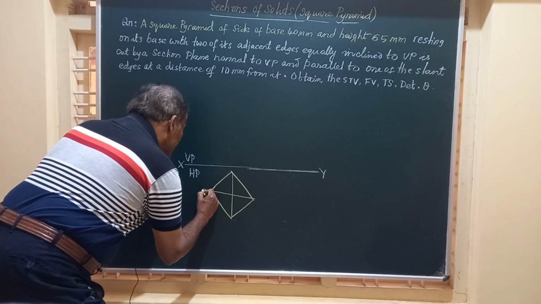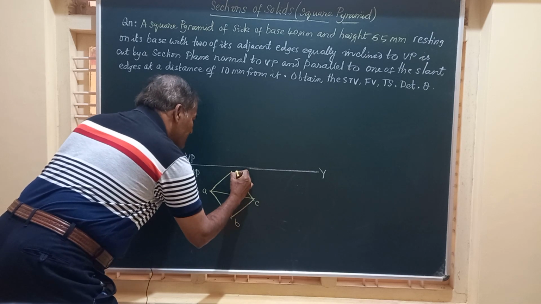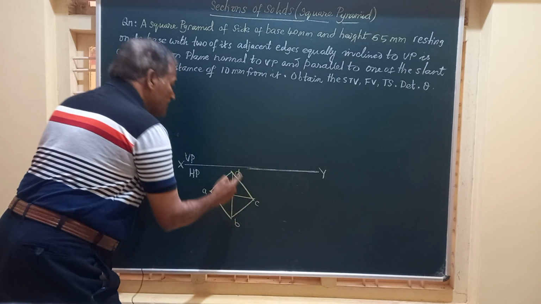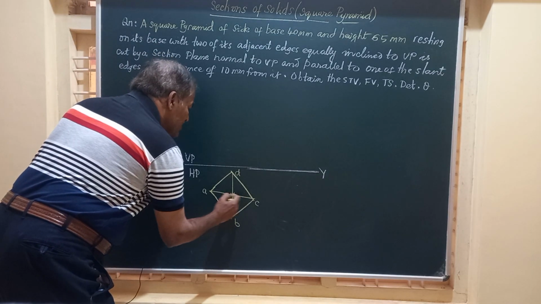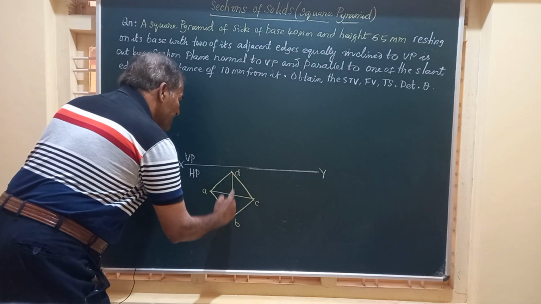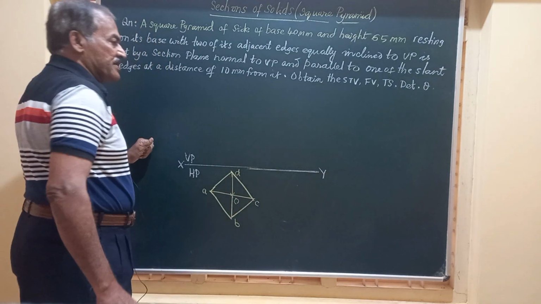I will just mark it as ABCD, and this ABCD represents the base of the solid, and the point where these two diagonals AC and BD intersect will give you O, the vertex.